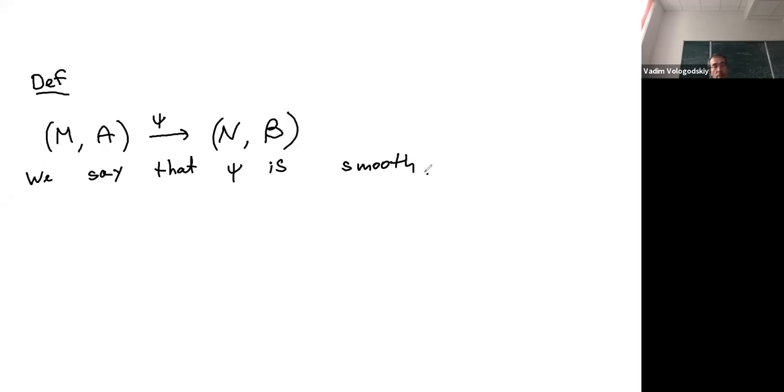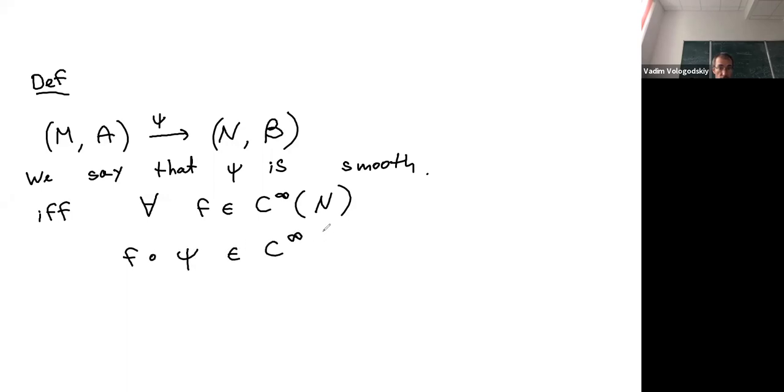A map between smooth manifolds is called smooth if the following is true: for any smooth function f on the target, its composition with psi is smooth. So f composed with psi is a smooth function.